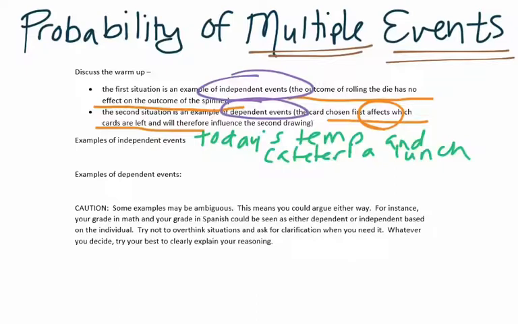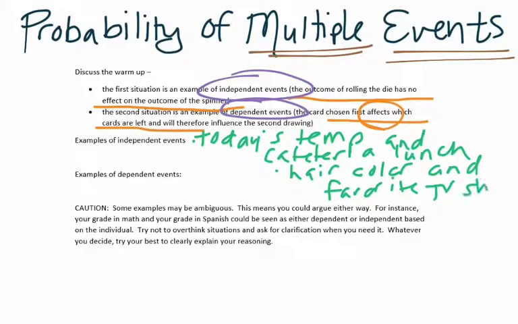Another example of independent events might be your hair color and your favorite TV show. They're unrelated. So if we were to look at the class and I would say, what is the probability that I pick somebody at random and they have black hair?